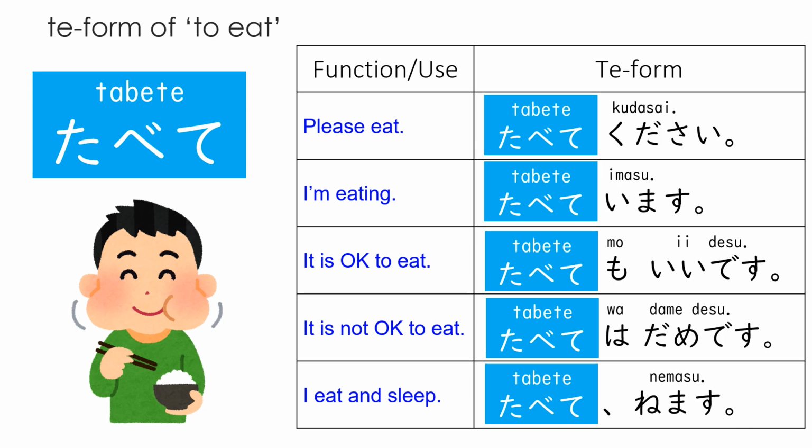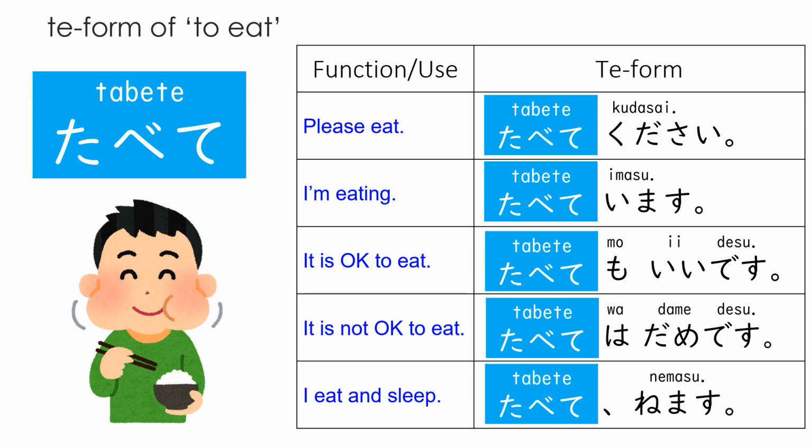And it is not okay to eat. 食べてはダメです. And last one, I eat and sleep. 食べて寝ます. Okay, so from the top, 食べてください。食べています。食べてもいいです。食べてはダメです。食べて寝ます。This is how te form is used.